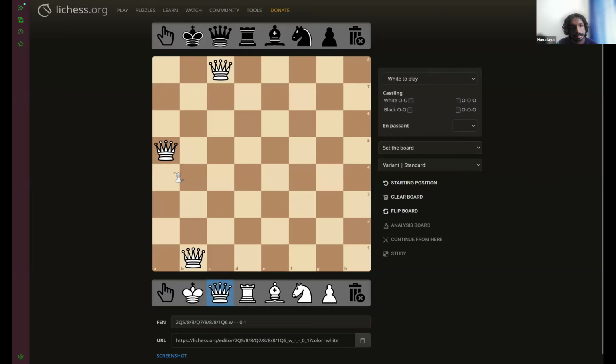And fourth will be at D4. Then 5, B2, and then 6, F6.